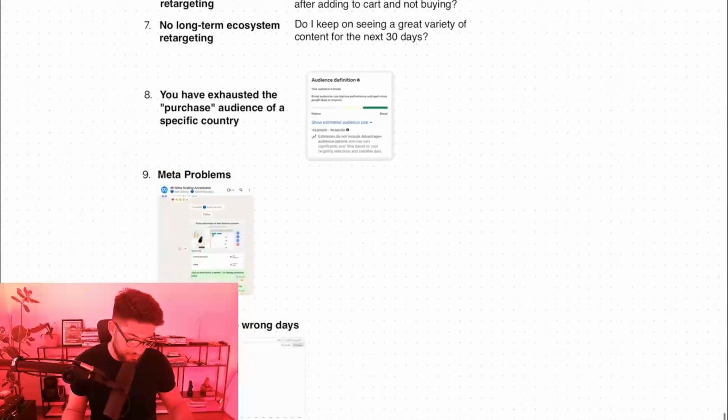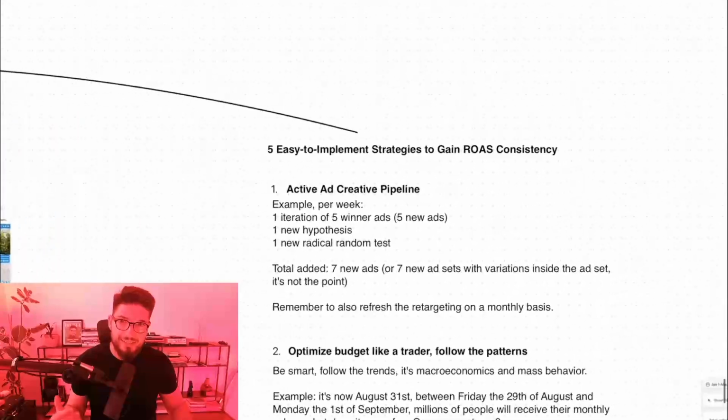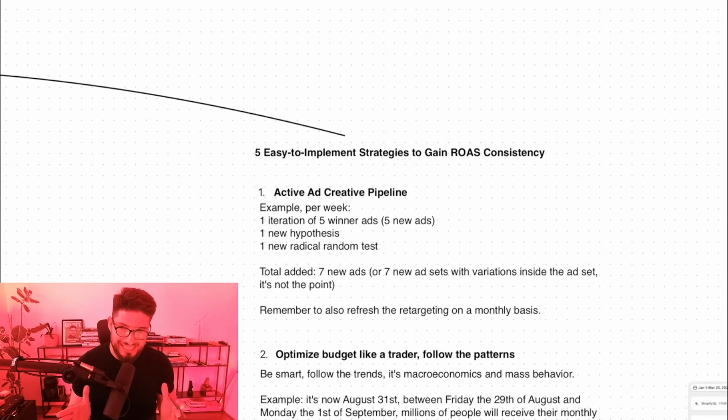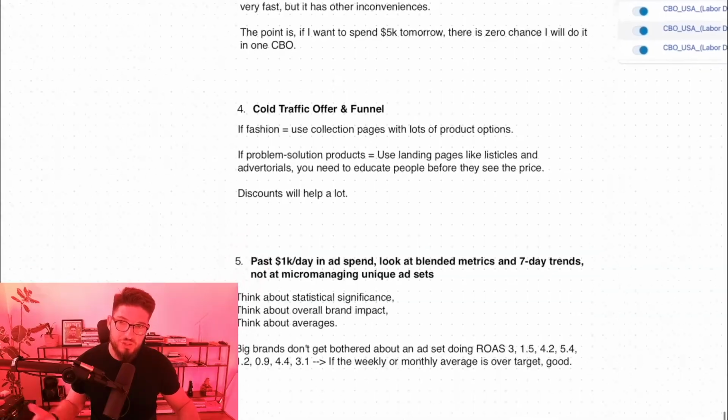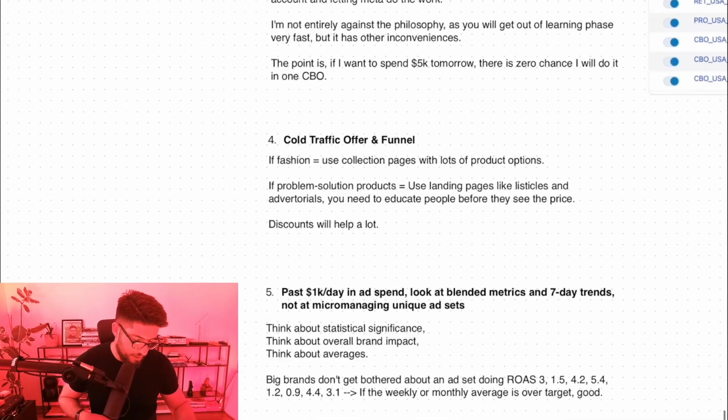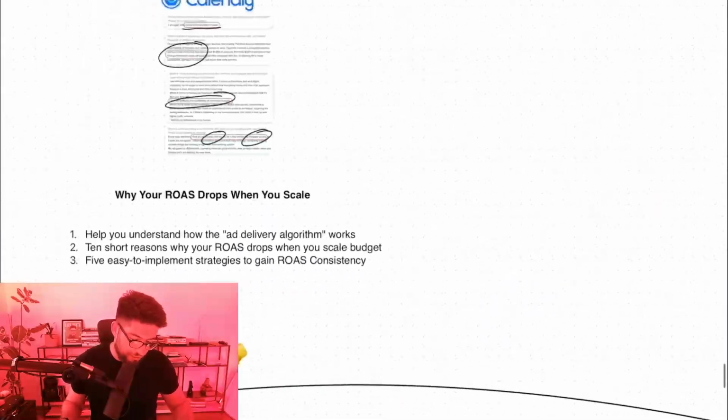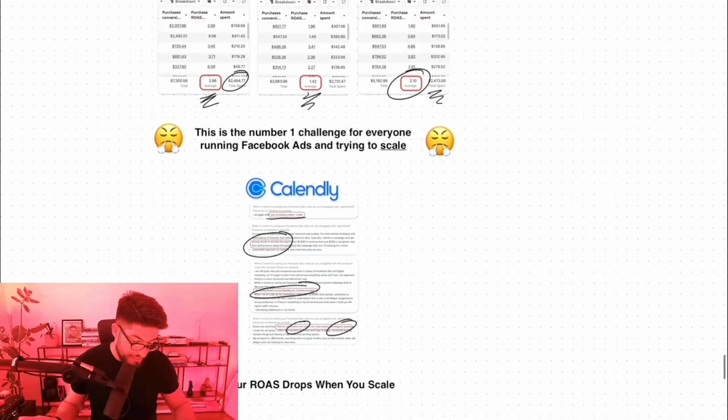So images, examples, and then the sauce, the good stuff. So stick till the end. 5 easy to implement strategies to gain ROAS consistency: creative pipeline, the way you manage the budget, media buying, diversification, cold traffic offer funnel, and my opinion and my perspective on this.